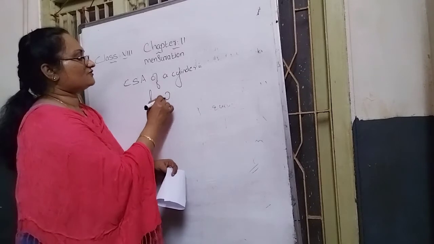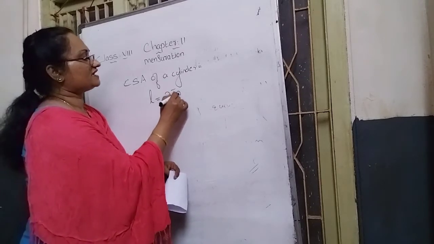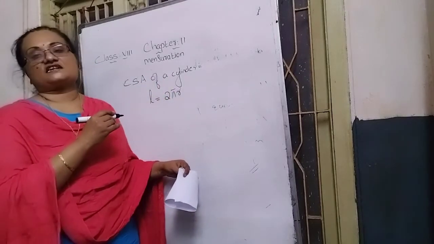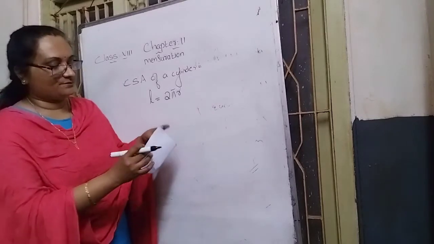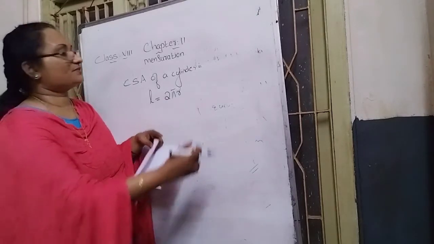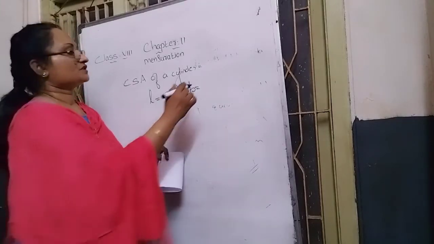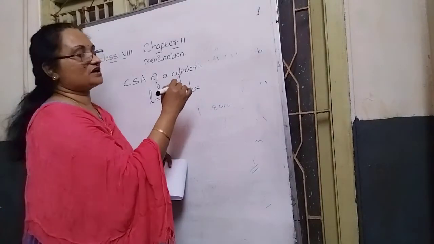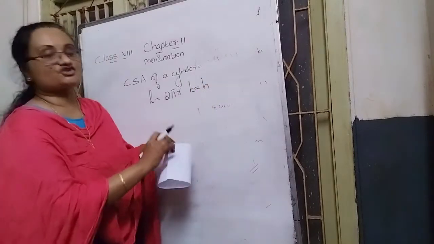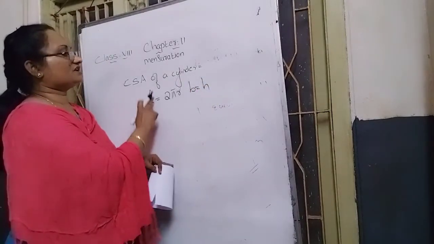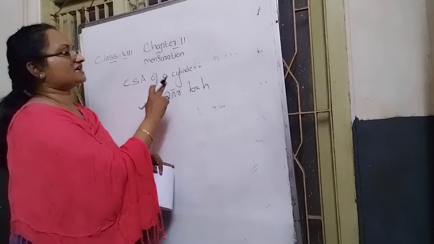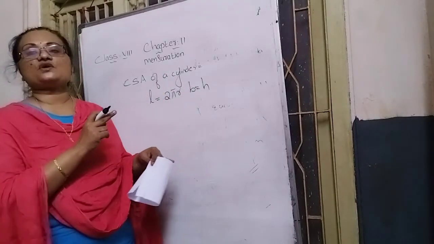What is the formula for the circumference of a circle? 2 pi r. And the breadth of this rectangular paper is equal to the height of the cylinder. So length is 2 pi r and breadth is equal to height.